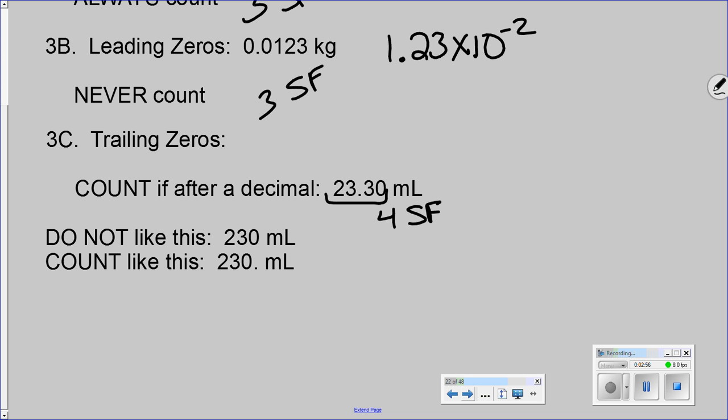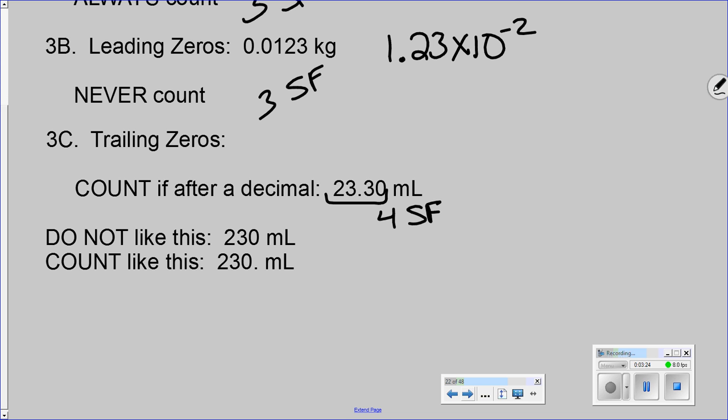So if we look at the measurement 230 milliliters, if we actually measured exactly 230 milliliters, or as close to exactly 230 milliliters as we could, and if we had an instrument that allowed us to actually see, here's the 230 line, and there's my meniscus, that's 230. We need to be able to tell people that it's not 231, not 229, but we know that it's 230.